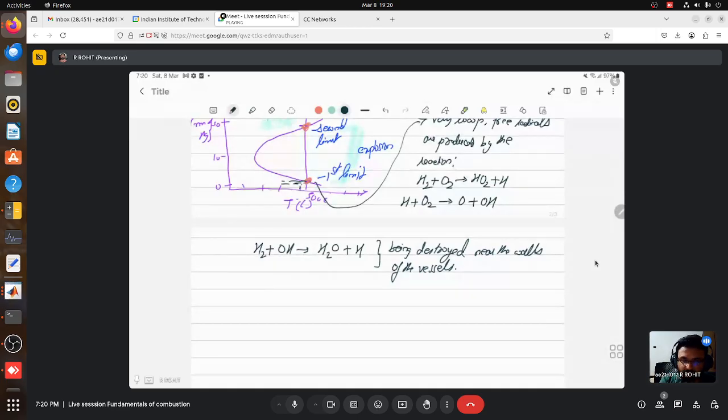The radicals just diffuse into the walls, and so eventually your pressure is not rising anymore.